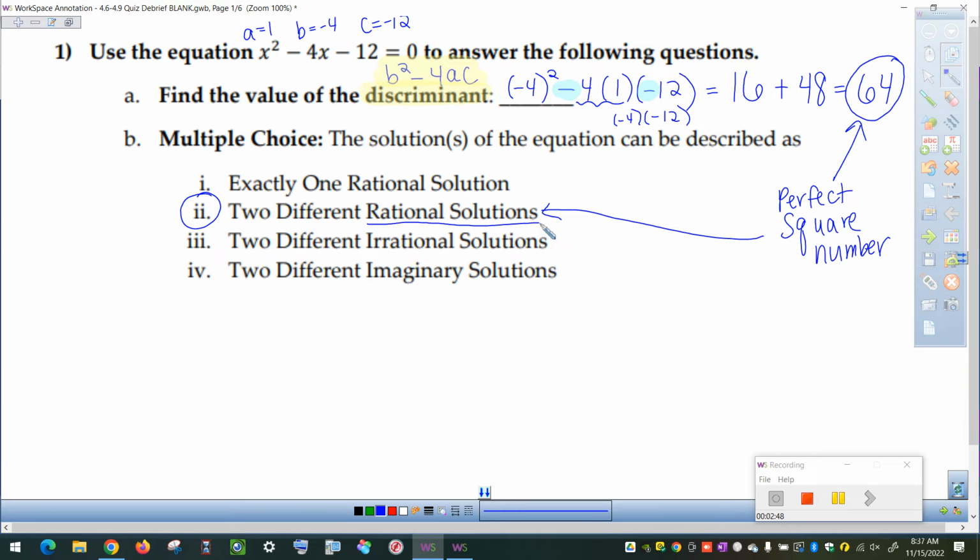If you think about going all the way and solving with the quadratic formula, the square root of 64 equals 8. And so you're not going to have the square root symbol in the answer. If you don't have the square root symbol in the answer, you're just going to get a regular whole number or a regular fraction. Those types of numbers are called rational numbers.